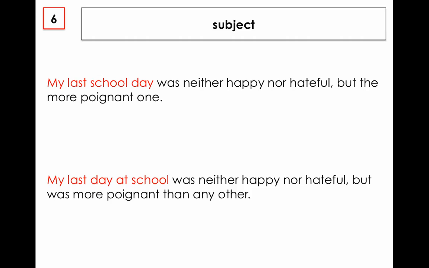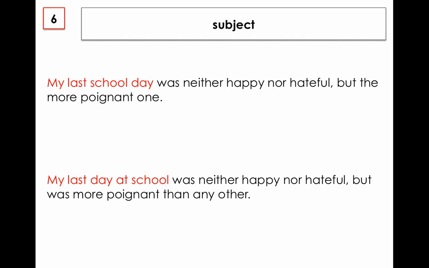I'm not sure if this is one of the grammatical terms coming up in the box at the top, I can't remember, but notice that my last school day is what's called a compound noun. We've got the noun school and the noun day, and they go together, school day. And then last is an adjective, my last school day. What kind of school day?